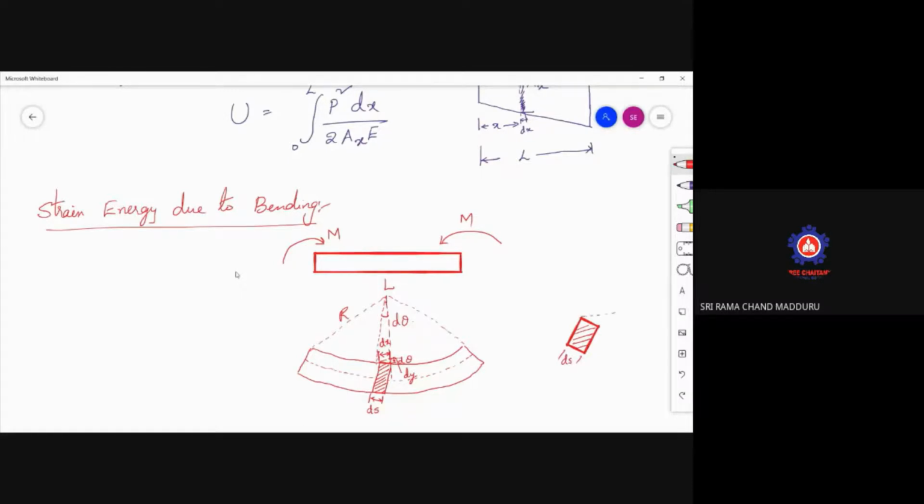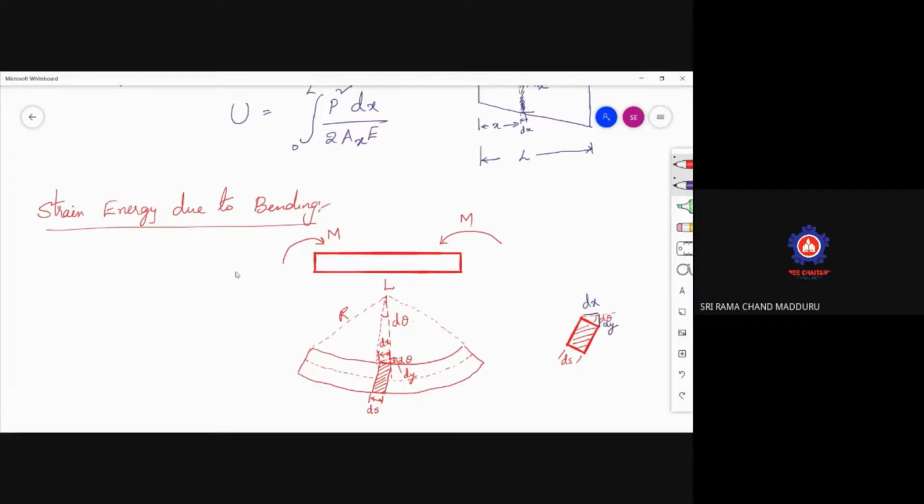With respect to horizontal, this is making an angle of d theta, this is the vertical one, this is the horizontal one. This is considered as dx, and this vertical one is considered as dy. The angle is nothing but d theta.